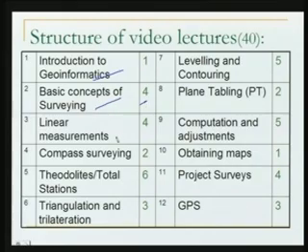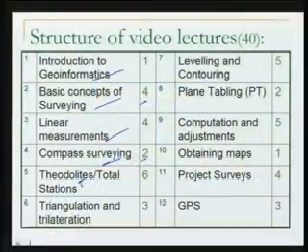Then we will be talking about an important area in surveying, which is linear measurements, followed by compass surveying, where we will have 2 lectures. Then we will also be looking into the theodolite and the total stations, because these are the instruments which we make use of for angle measurement, a very basic thing in basic surveying.